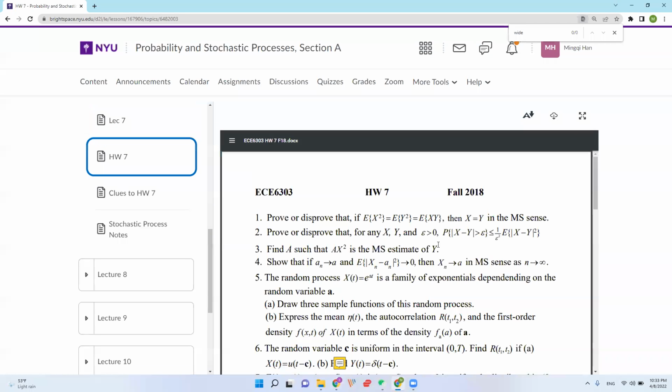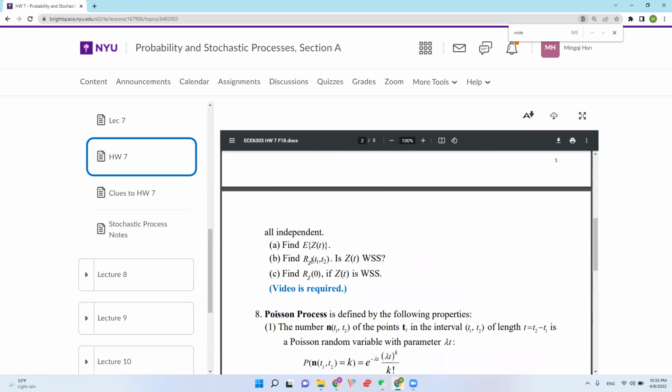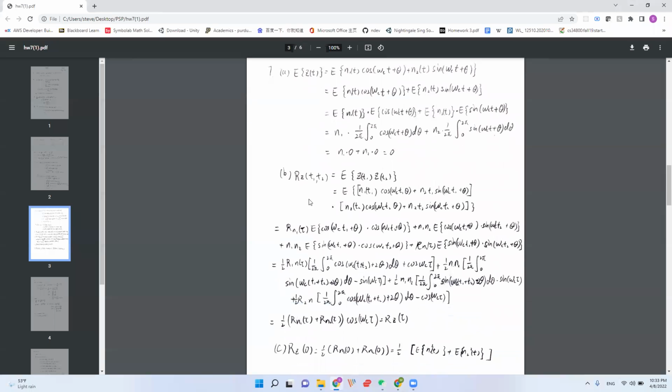For part B, we are to find R_Z(t1, t2), and we're asked if Z(t) is WSS. How to solve it is to just use the equation from the class.